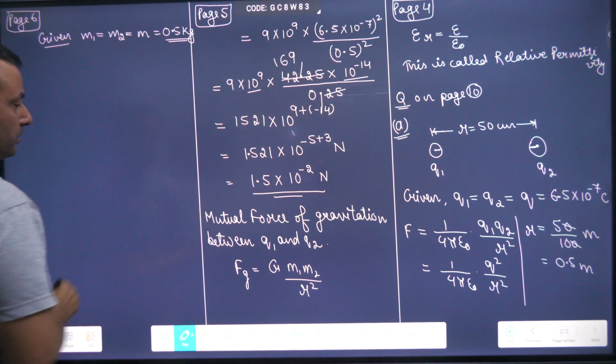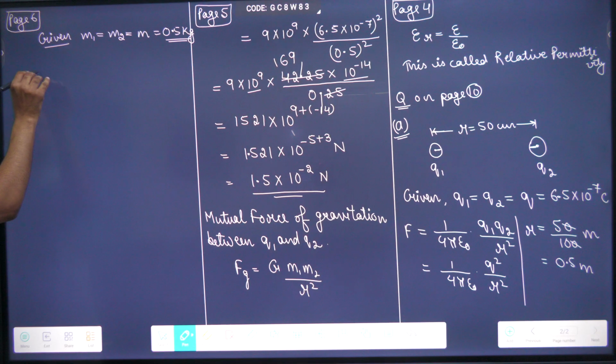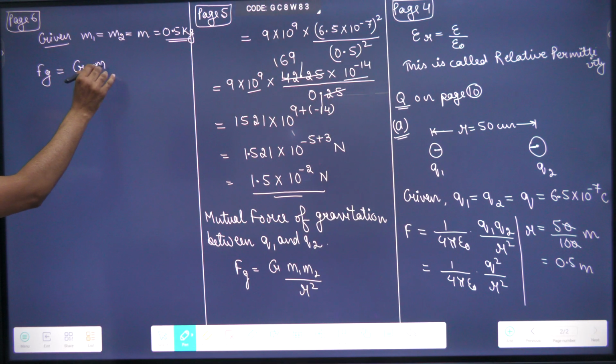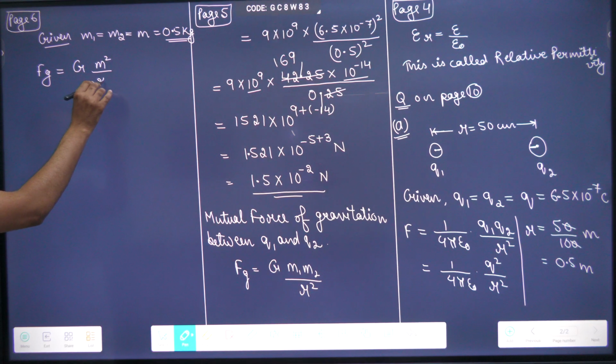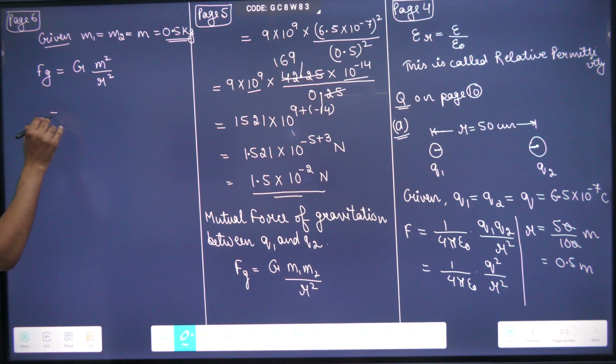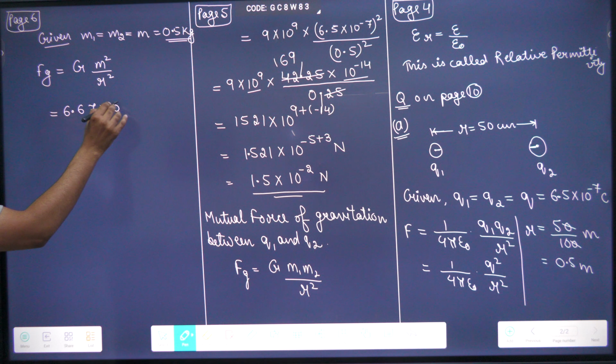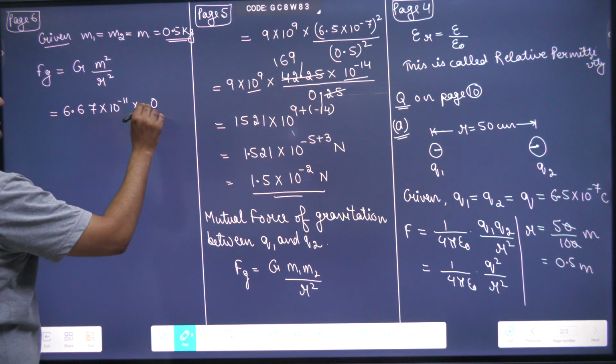Then Fg is equal to G m1 m2, means m square, upon r square. What is the value of G? You have to remember it, 6.67 into 10 to the power minus 11. What is m? 0.5.